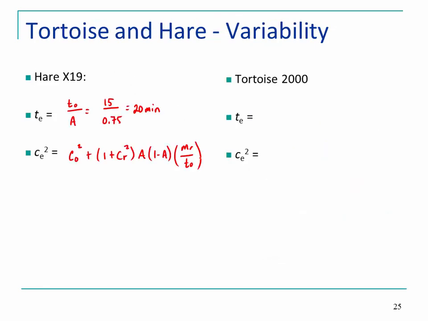So this is going to be equal to 0.05 plus (1 plus 1 squared) times 0.75 times (1 minus 0.75) times 248 divided by 15. And this gives us 6.25.